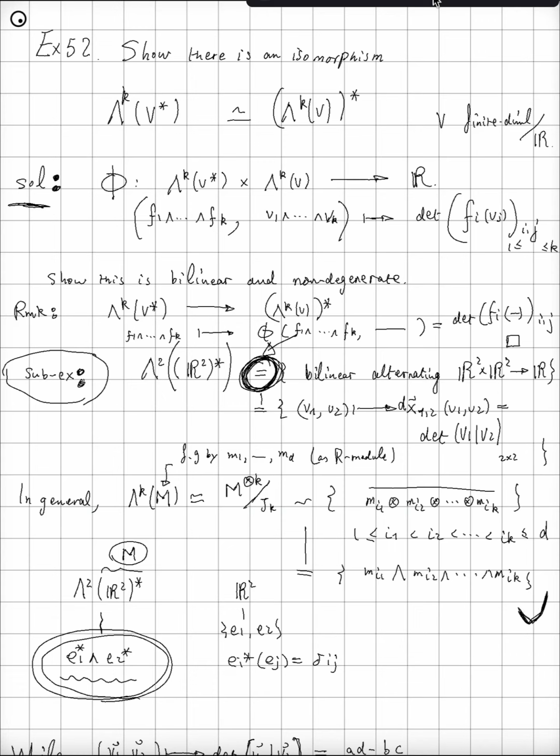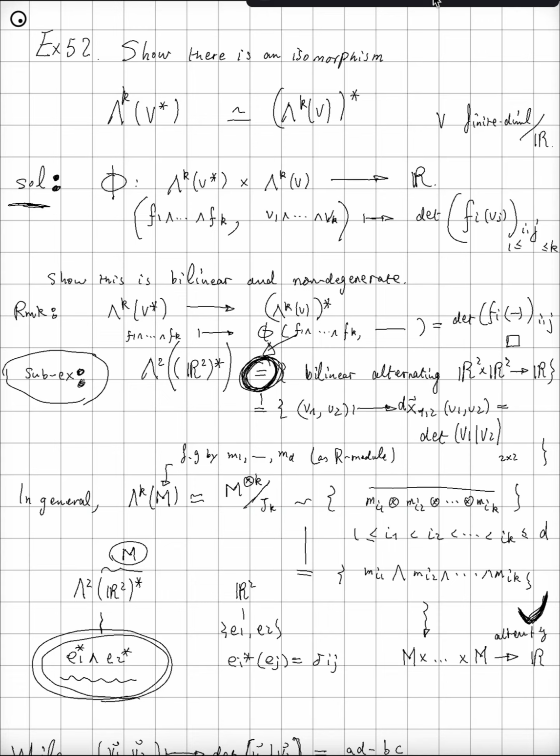Then you could imagine that you could give a description of a basis for the vector space of, if it's under the setting of vector space, so that would be bilinear or multilinear maps from the product of M to R that is alternating, and a basis would be given again by V1, V2.